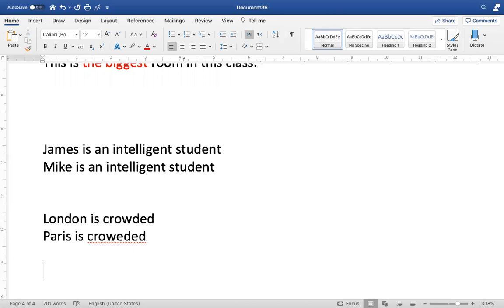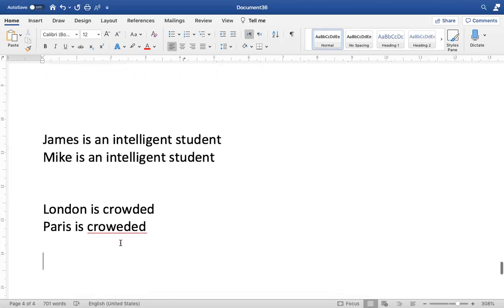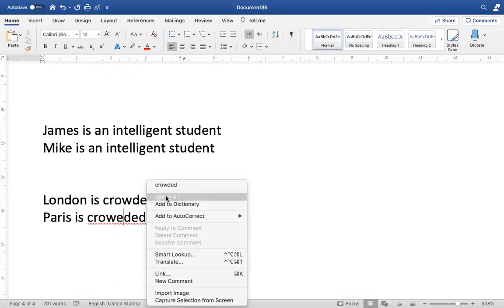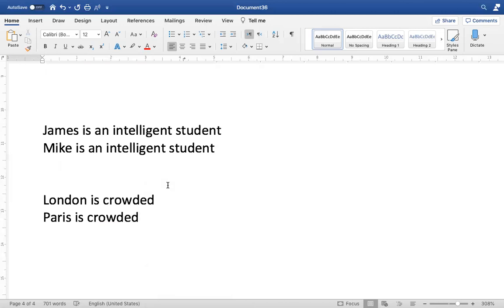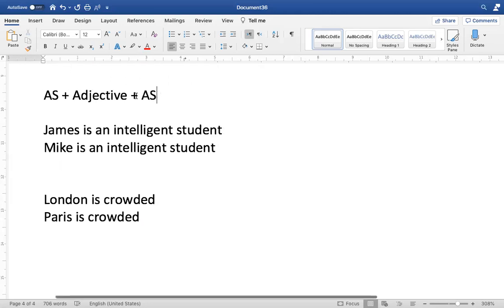Okay, so if you're talking about two people, two things, or two places being in the same context, and you want to merge them together, you will have to use as plus adjective plus as. Can I remind you that in this case, we have to use the positive form of the adjective.